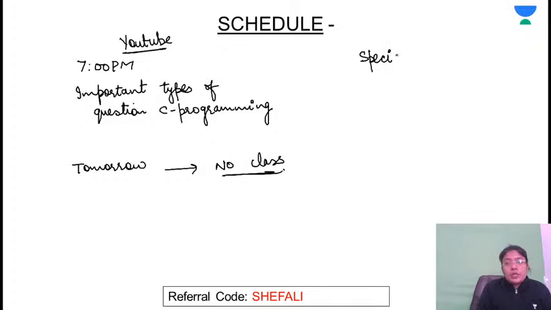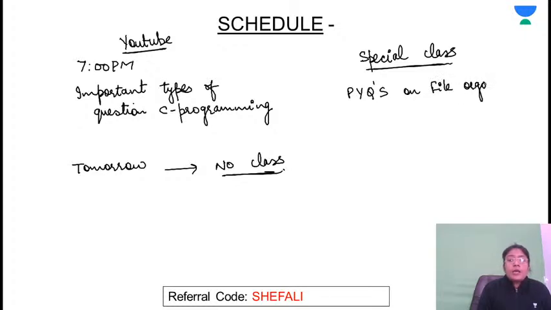In today's special class, we will be covering previous year questions on file organization. File organization basically covers all the topics we have covered under this: the concept of indexing, multi-level indexing.